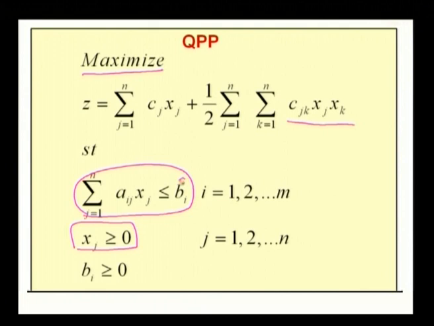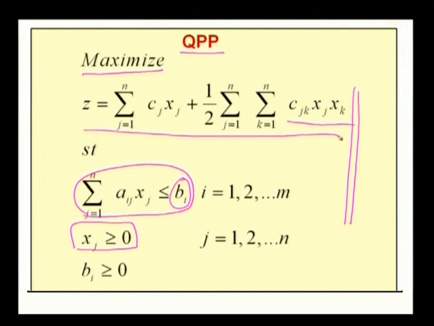Of course, here the bi values should be greater than or equal to 0. So, a quadratic programming problem in matrix form can be written in this way.